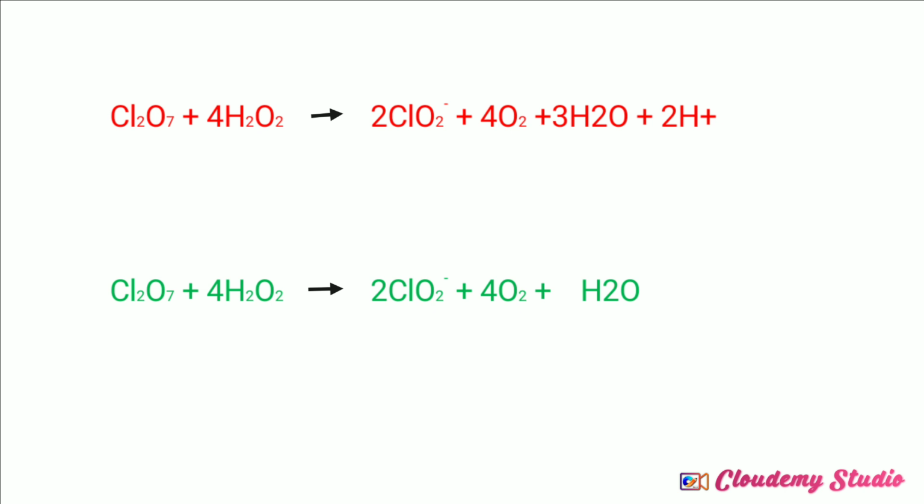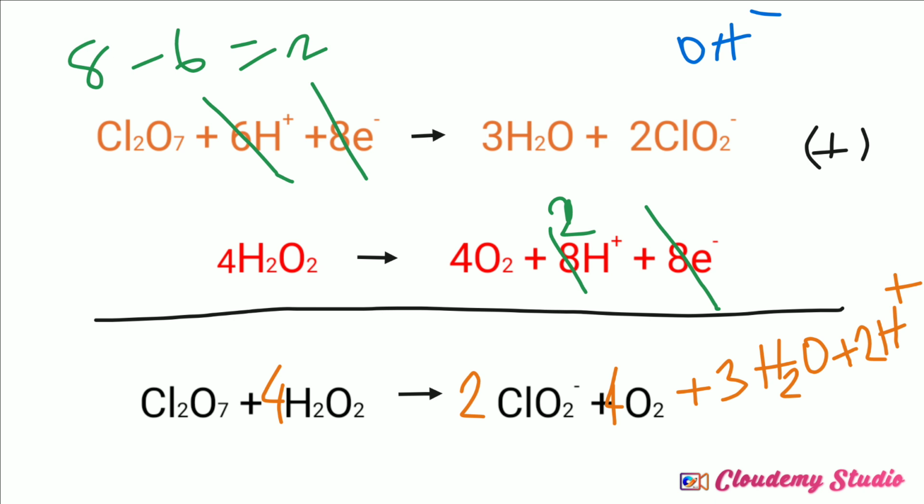So I have already copied the equation, that is Cl2O7 plus 4 moles of hydrogen peroxide gives 2 ClO2 minus plus 4 O2 plus 3 H2O plus 2 H plus. This is the same step I have noted on the next page.